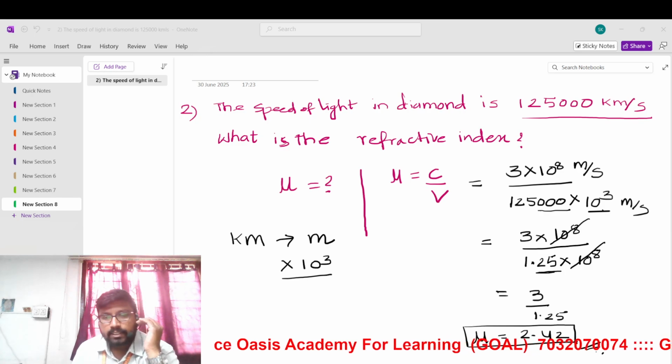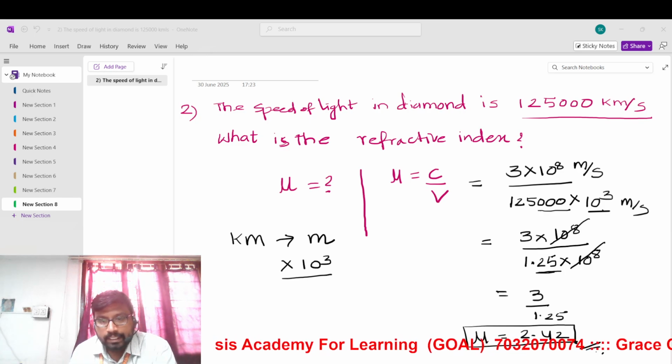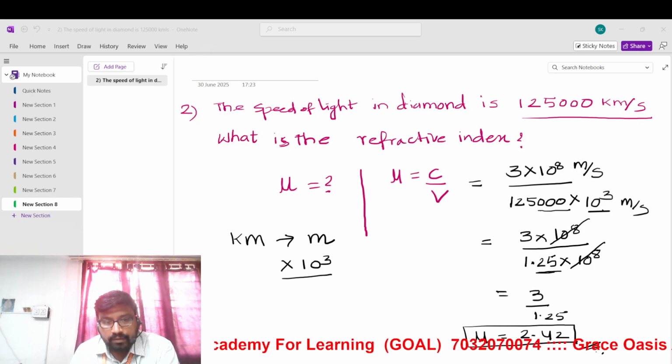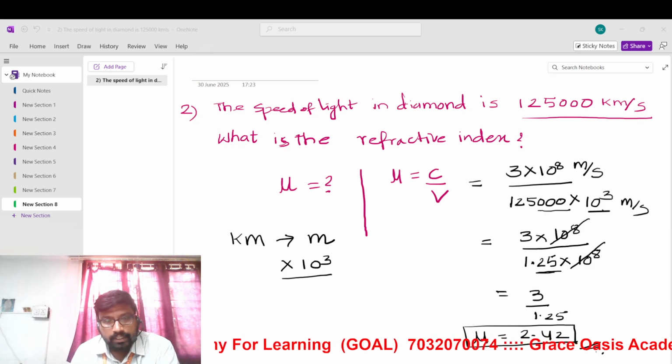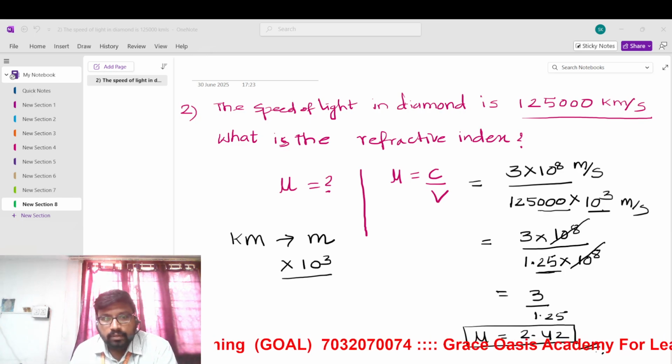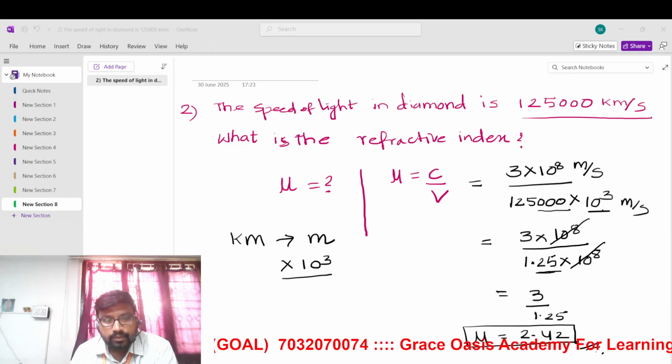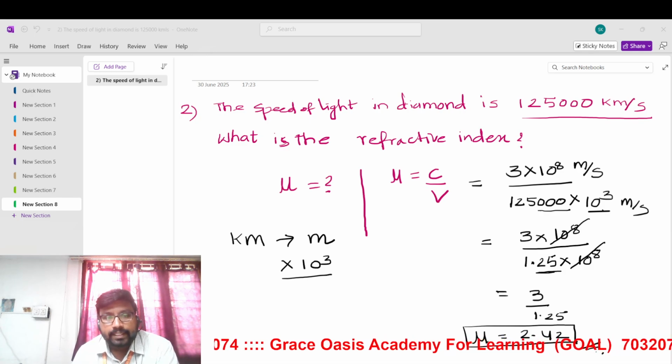Again, more 3 digits are there. So 10 to the power of 3. 1.25 we have written it in 1.25. So after decimal 2 digits. So we have added one more 10 square. So 10 to the power of 6 into 10 to the power of 2. That will become 10 to the power of 8.